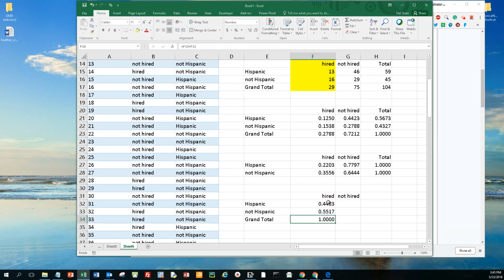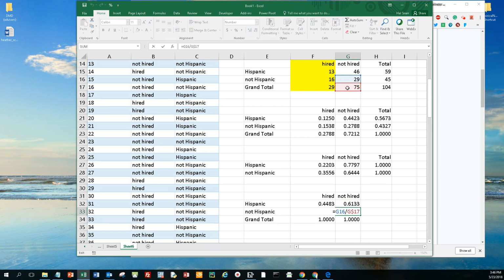All right. Now I can pull this across and grab the bottom corner and pull it across. Now, if I click on this, what does that give me? Of the 75 people not hired, 46 were Hispanic. So 46 divided by 75 is the probability of being Hispanic given the applicant was not hired.